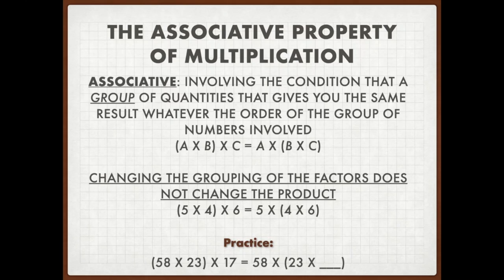So if I have A times B in parentheses times C, that's the same as if I switch the A and C, and I have B times C in parentheses times A. That would be the same thing. So changing the grouping of the factors does not change the product.